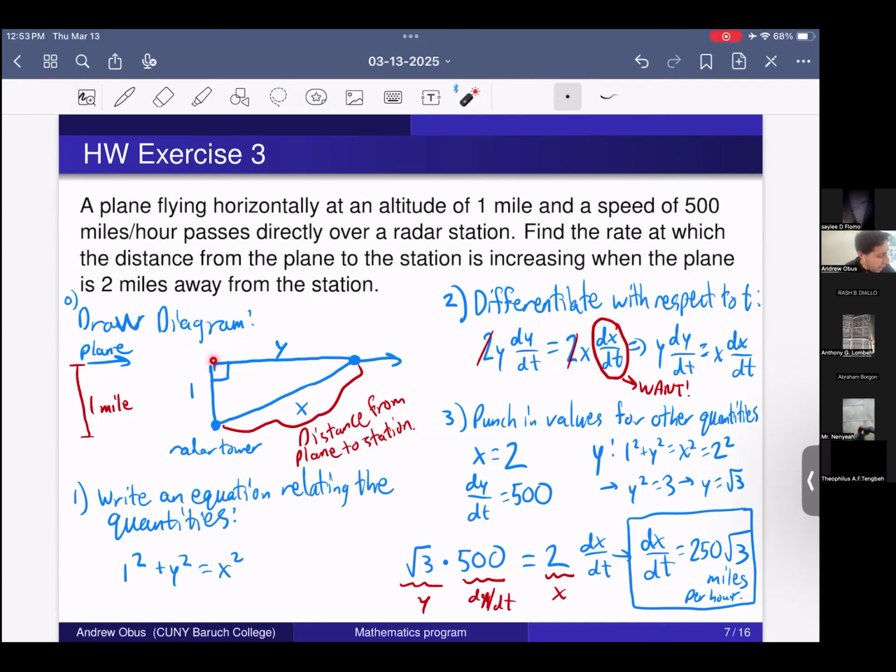But the plane started out 1 mile from the station, and now it's only 2 miles from the station, even though it's traveled square root of 3 miles, which is more than 1 mile. So that's exactly what makes this a little paradoxical. It can be flying away, but its distance from the station isn't actually increasing as fast as its speed. And that's why you get this answer that's a little bit less than 500 miles an hour.